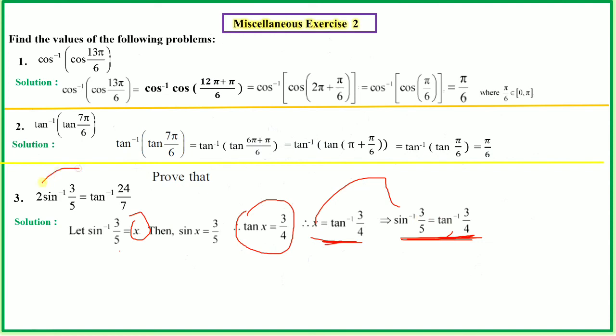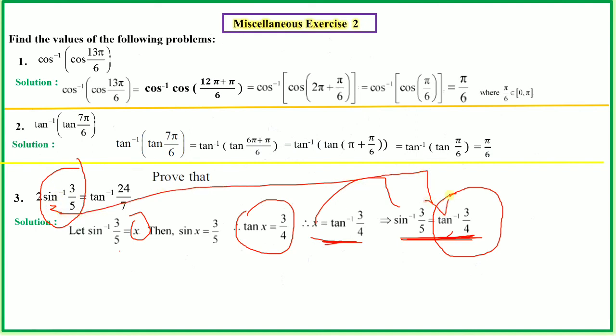Now in place of sine inverse 3 by 5 we can put tan inverse 3 by 4. The question that should arise here is, why did we change this sine inverse 3 by 5 into tan inverse?